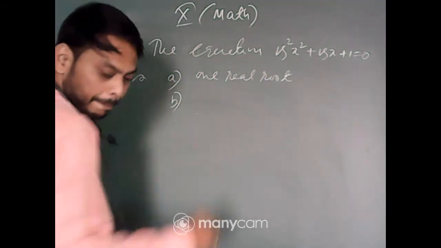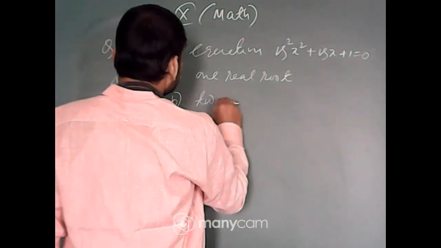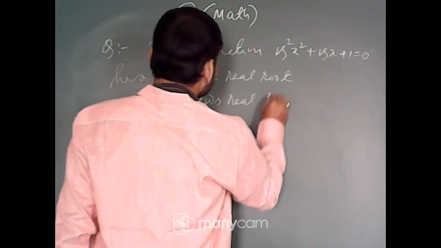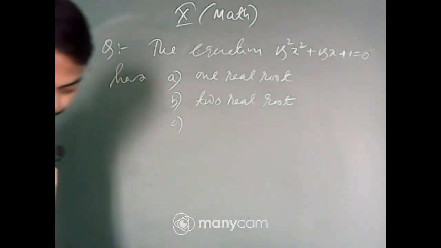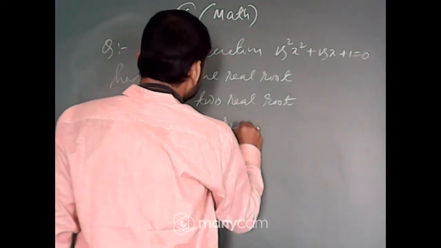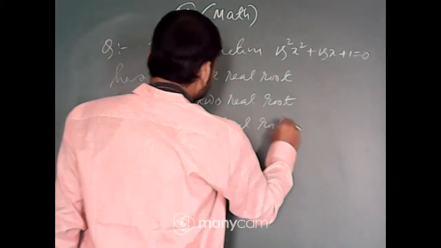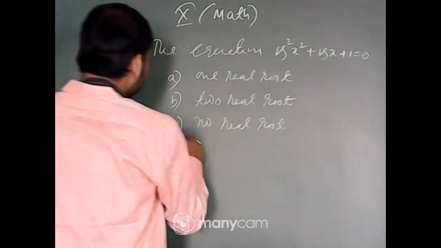Option B, two real roots. Option C, no real root. Option D, none of these.